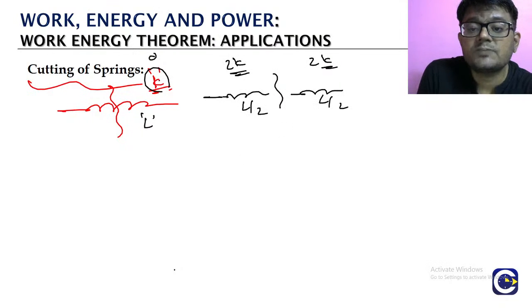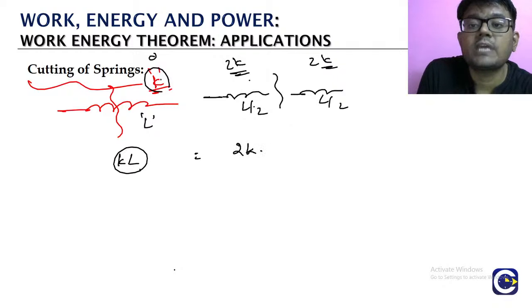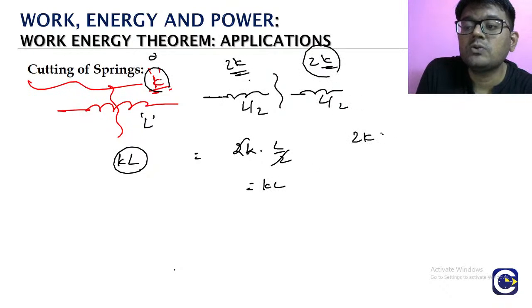See, the original spring constant K into its length L will be equal to, what about this part? Spring constant is 2K. What about the length? What about this part? Spring constant 2K. Length is what?